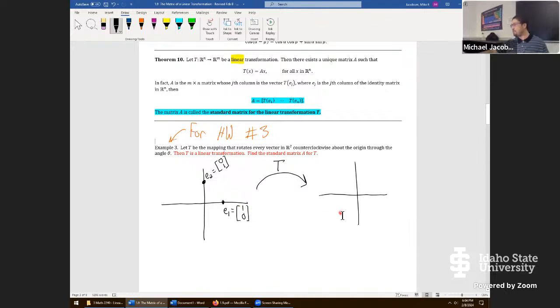So here's E1. Let's say it rotates by roughly what looks like 30 degrees. Doesn't have to be exactly 30 degrees. So E1 ended up here. Now it's over here, and this is T of E1. We need to find out the exact coordinates of this, and some folks might know right away. Anyone happen to know what that coordinate would be right here?